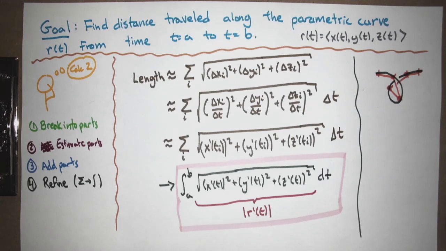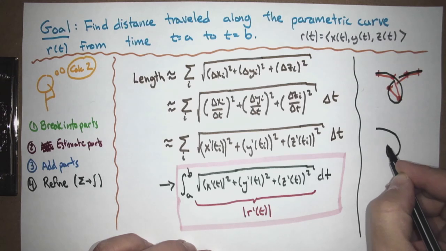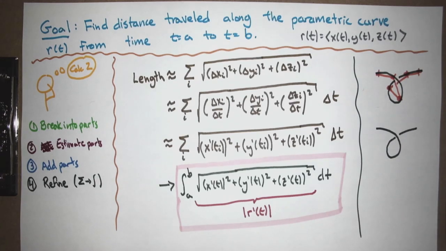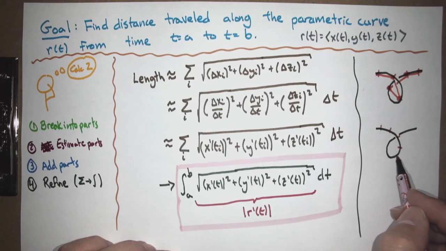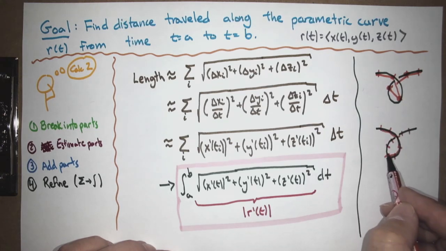But then the magic of calculus says, let's do better. How do we get a better estimate? What do we do? Yeah, you split it up into smaller pieces. So if you now split it up into much smaller pieces, what happens is that it starts to look even more like your curve.